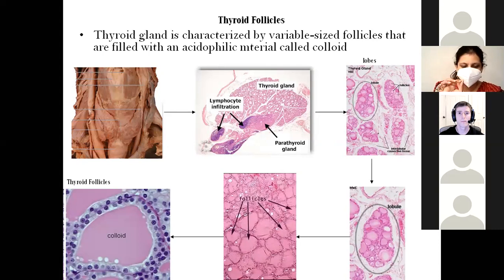This is the same material present in the center of the thyroid follicle, and this colloid contains the basic precursors of T3 and T4, which are formed from thyroglobulin. They are present in the center of the thyroid follicle, which is colloid. And also you can see follicles. They have shown different pictures of follicles over here that are present in the lobule, and also separate follicles you can see over here.